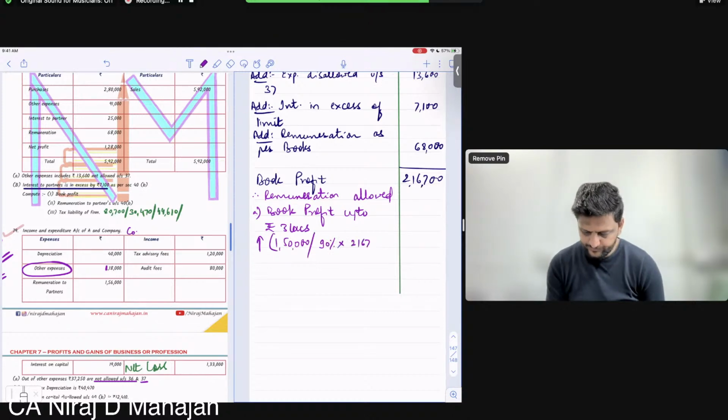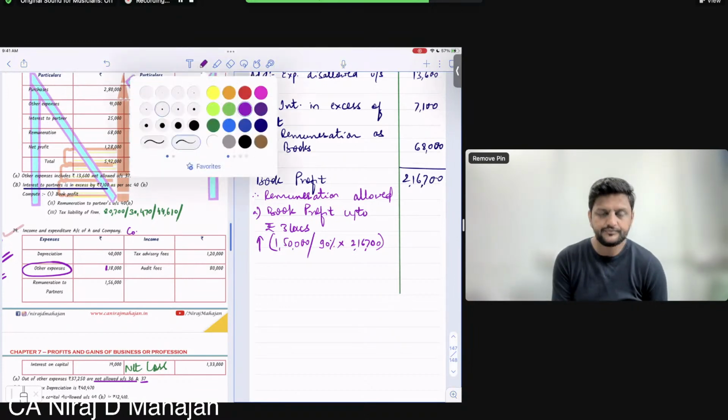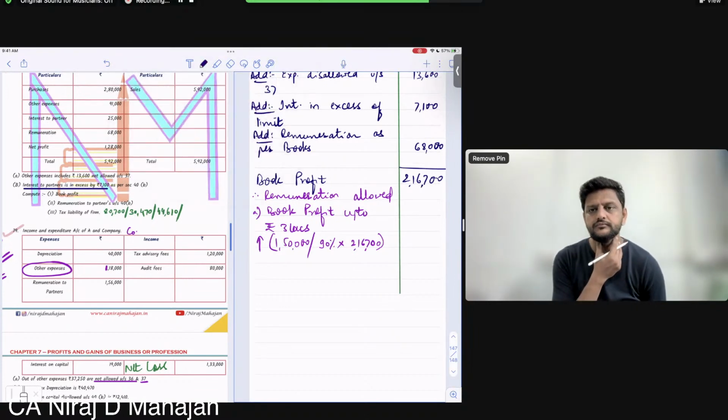Yes, Chalia. How much this figure comes to? Which is higher? The 2 lakh figure only, na? That comes to what? 195 something? One 195.30.